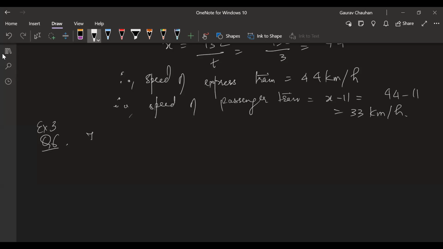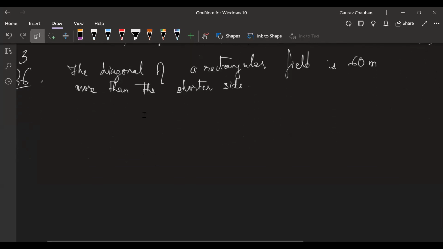Question 6: the diagonal of a rectangular field is 60 meters more than the shorter side.